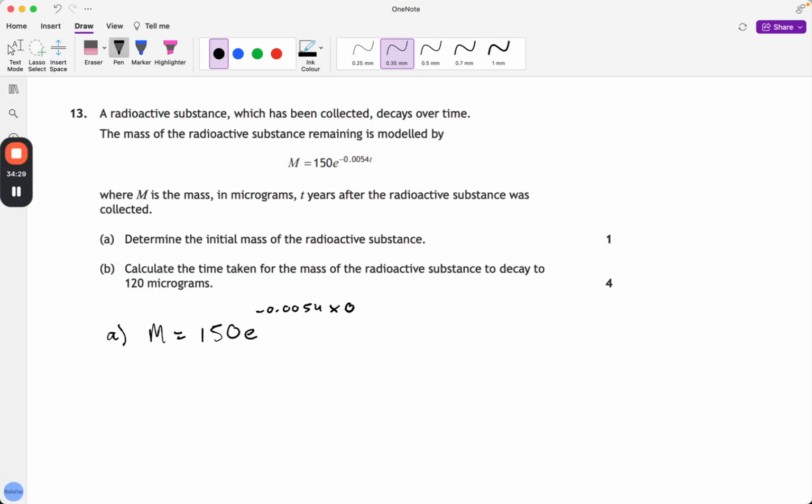Anything to the power of 0 is just 1, sorry. So this is going to be 150 e to the 0, which is just 150, since e to the 0 is just 1. So that tells you that the initial mass of the radioactive substance is 150 micrograms. So by all means, if you want to write micrograms as well, then you can.